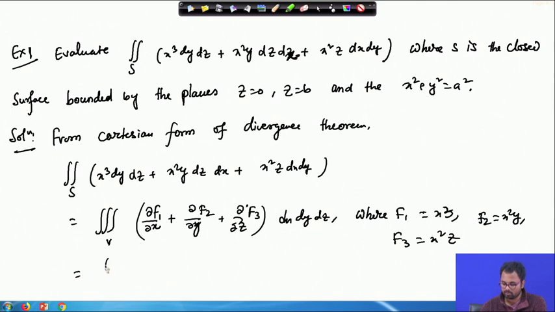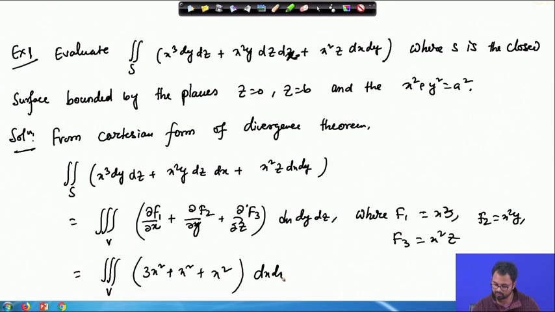If I substitute all these things here, del f1 by del x is 3 x square, plus del f2 by del y, which is x square, plus del f3 by del z, which is simply x square. Then we have dx dy dz. Now 3 plus 1 plus 1 is 5.